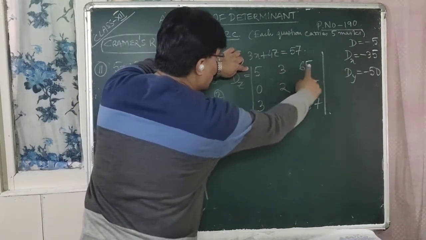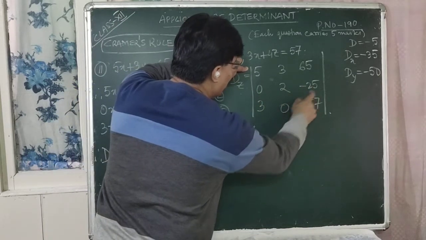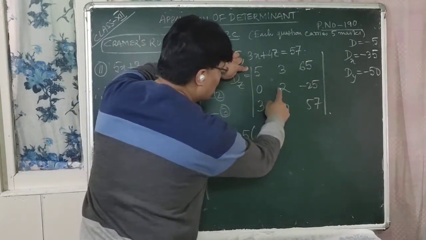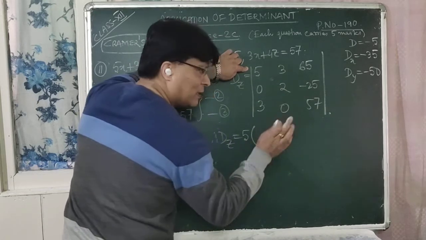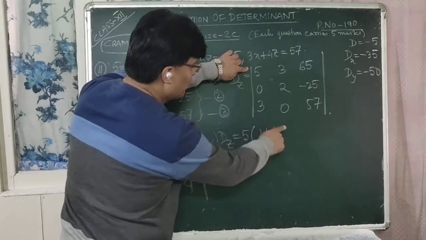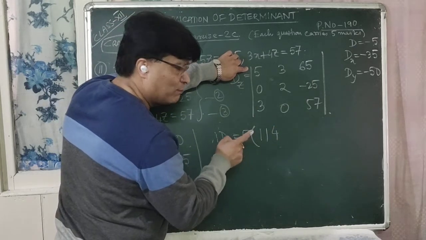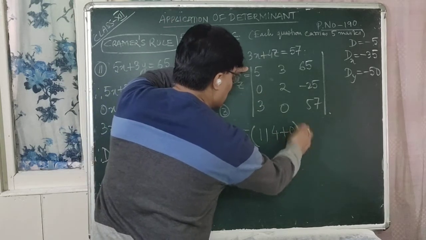That means the first row and first column are deleted. What remains? 2 minus 25, 0 and 57. Now cross multiply 2 by 57. 2 7s are 14, 4, 1. 2 5s are 10 plus 1, 11. Then minus and minus plus, this is 0.